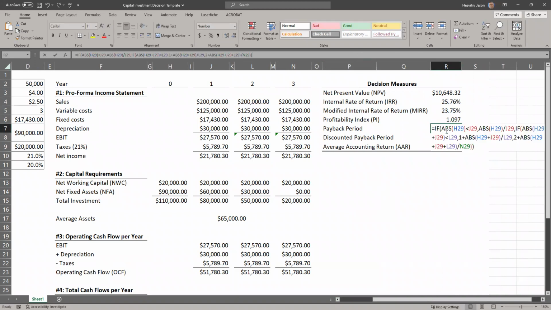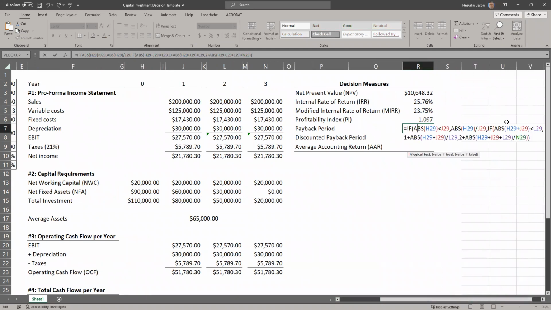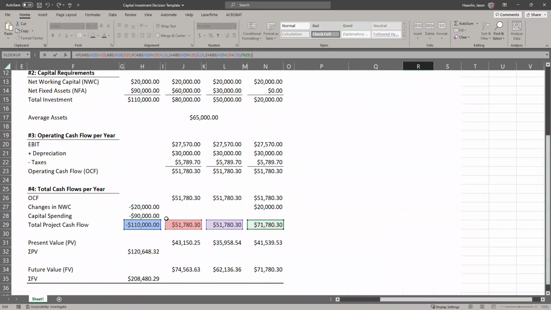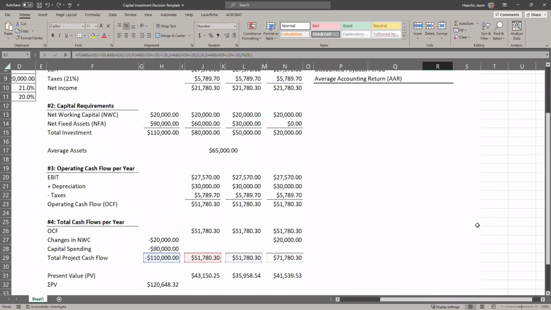I have if statements in there. You see if and if again, and this is why. For the payback period, let me go ahead and do this so we can see the cash flows. We are using these cash flows here.